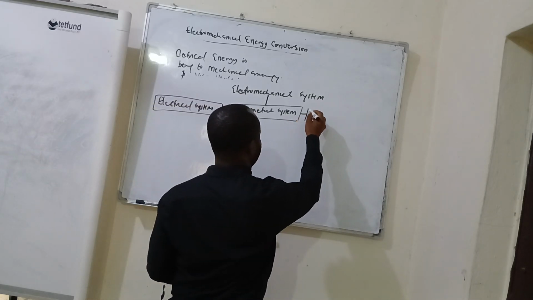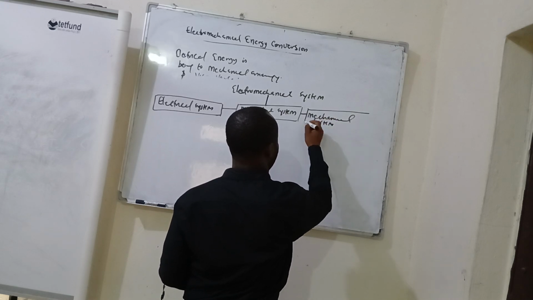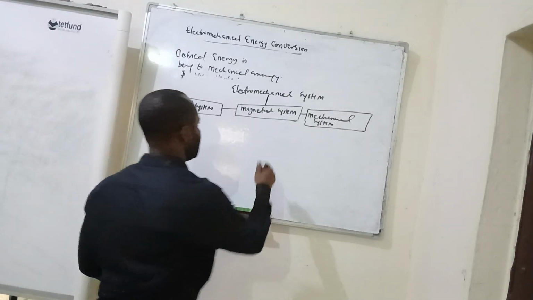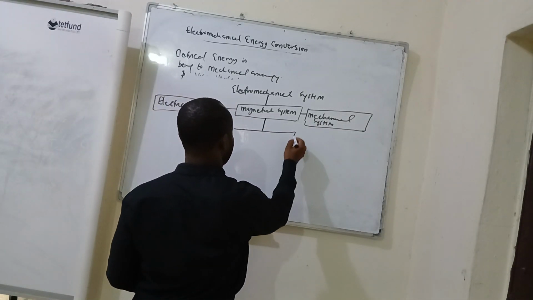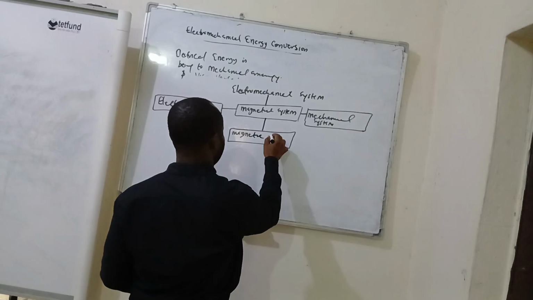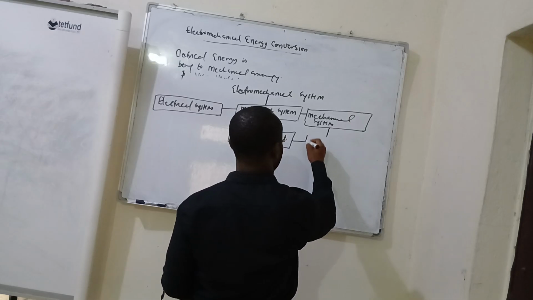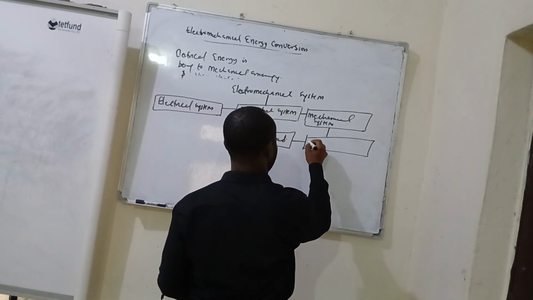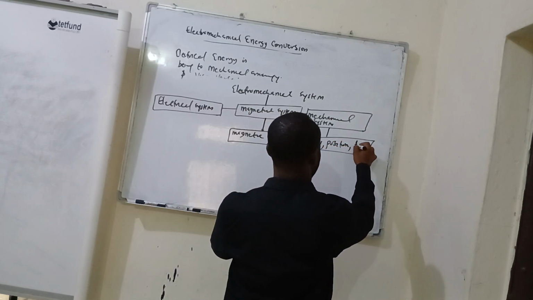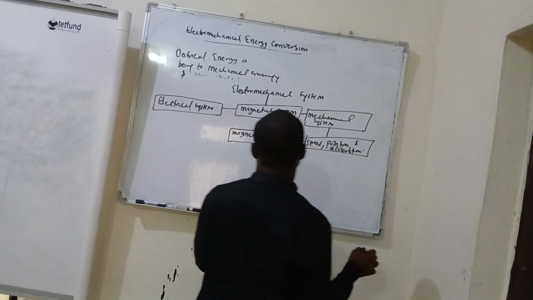So we have mechanical system. So what we get from this system is magnetic field, and we actually have speed, position, and also acceleration.